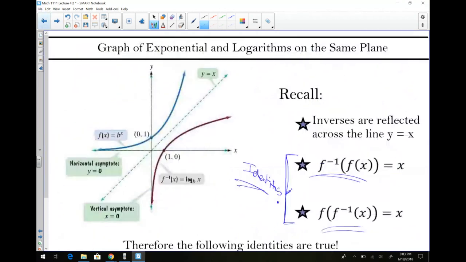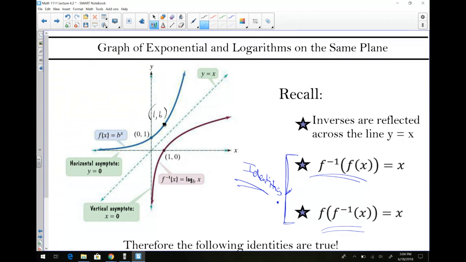Notice that in this exponential function, we always have the point 0, 1, and then we also have the other point 1, b. So those are our 2 points that are super important.